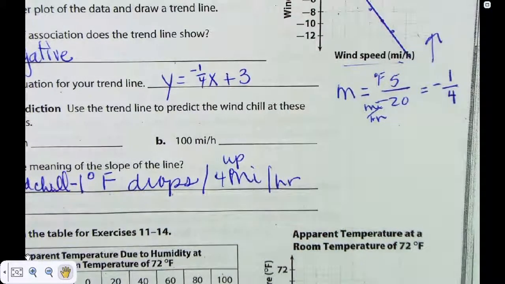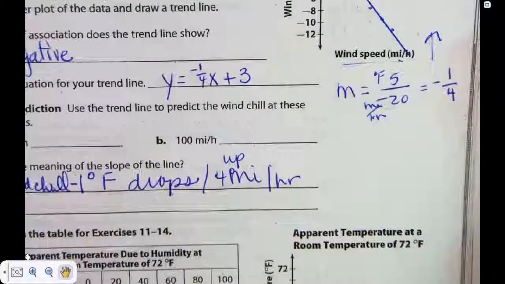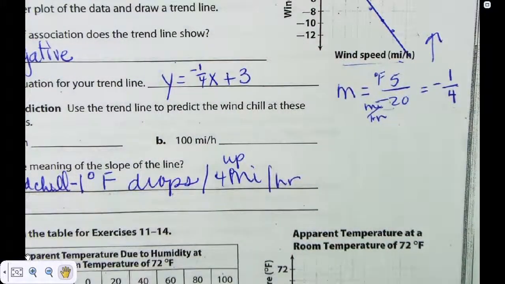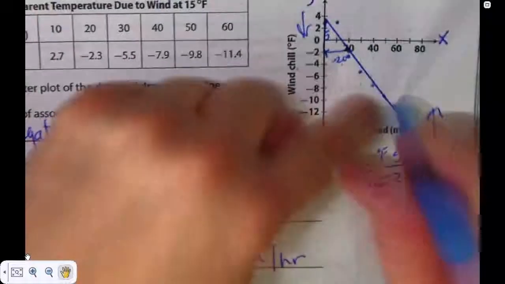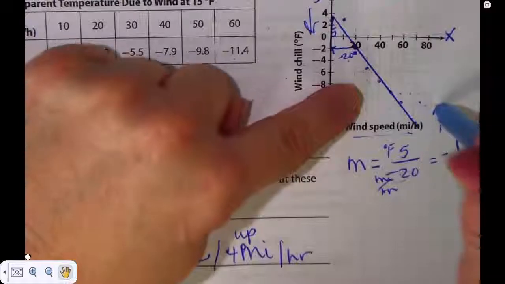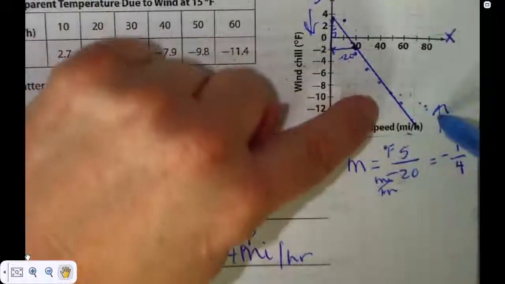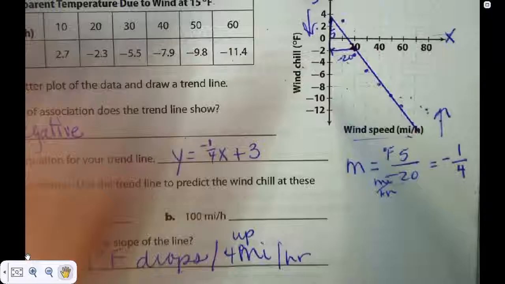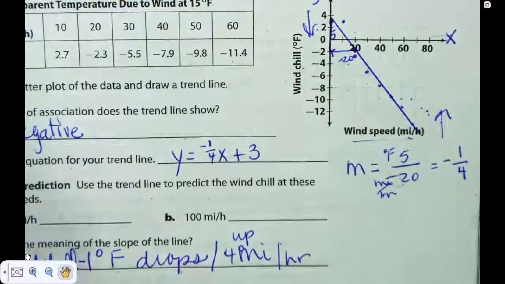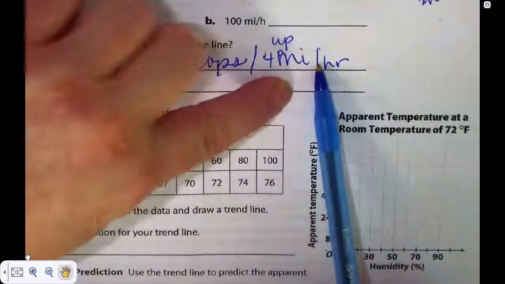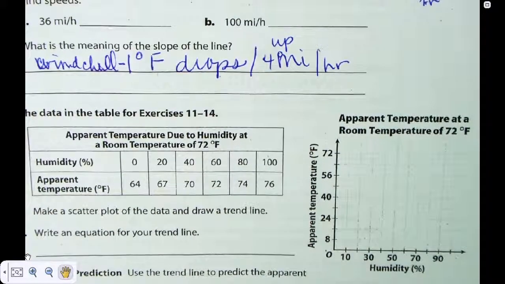Well, no, because look, we got negative on bottom because that's how we did our rise over the run. But when you're looking at the graph, guys, the x always goes up. That's what I was trying to tell you. So it's the y that's coming down. So for every 1 degree that the wind chill drops, the wind increased 4 miles per hour.